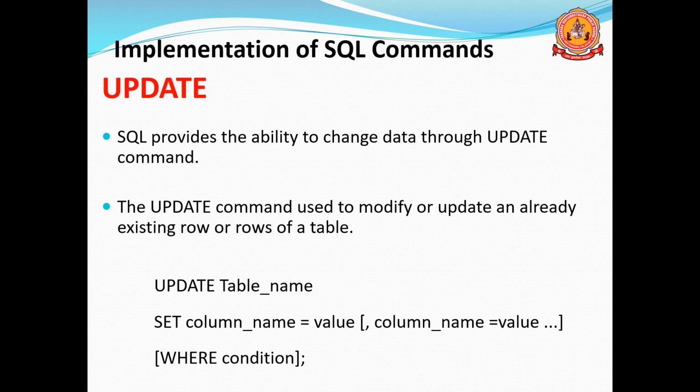So here is the command given: update table name. Remember, update space table name, then SET is a keyword. You have to set the particular column name to a value. For example, one column name is set to one value, one more column name to one more value. Like that, multiple columns are also possible to set, where you have to provide the condition.